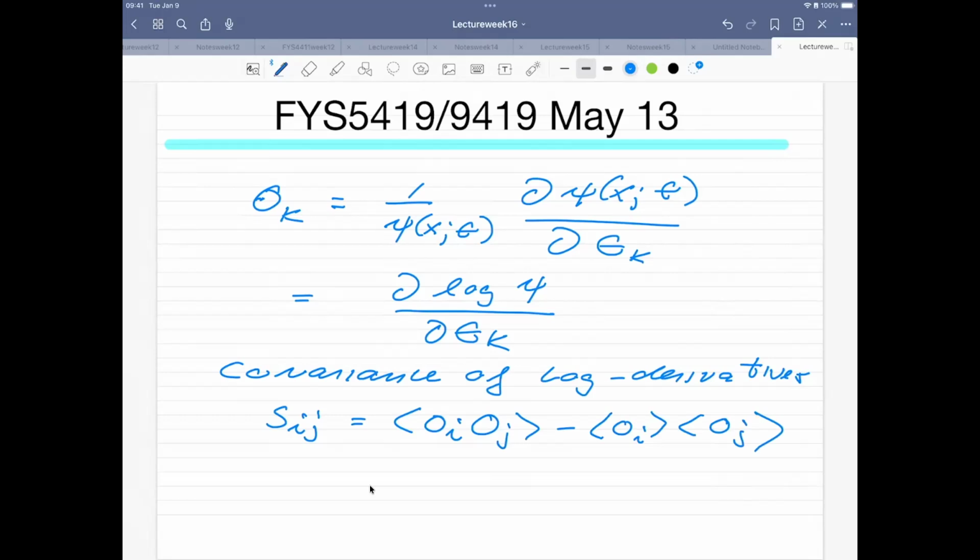So that is a covariance. If you want to remind yourself of the covariance, let me just write this out here.